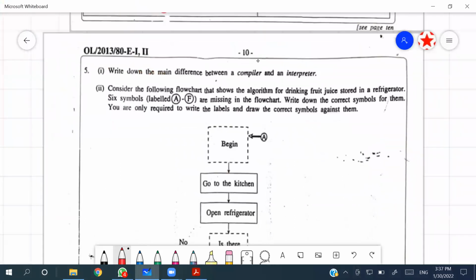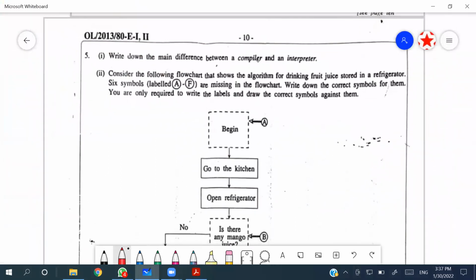The fifth question. Write down the main difference between a compiler and an interpreter. The compiler converts the entire source code into machine code at once and then runs it.